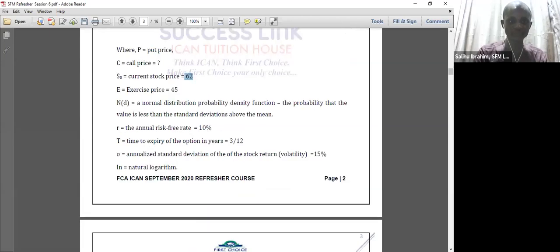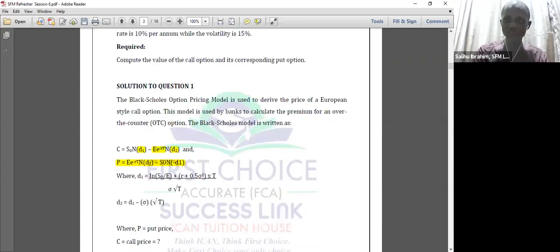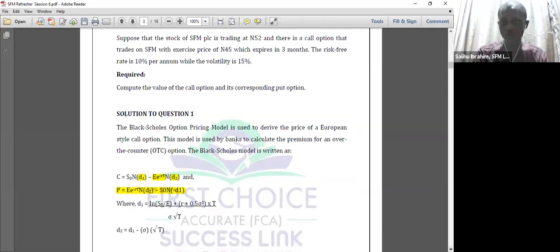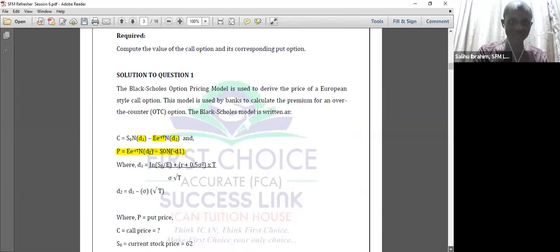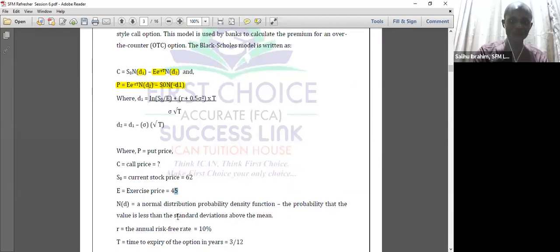Did I use 62 in the solution? Okay, so please change it to 52. So we have 52 as the current price of the underlying asset, isn't it? Then the exercise price is 45. Can you see that? Exercise price is 45.